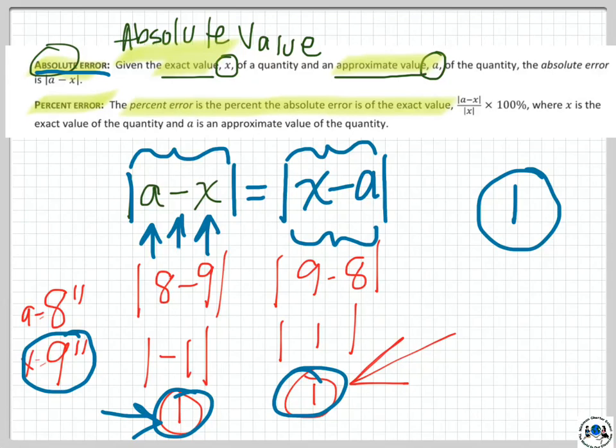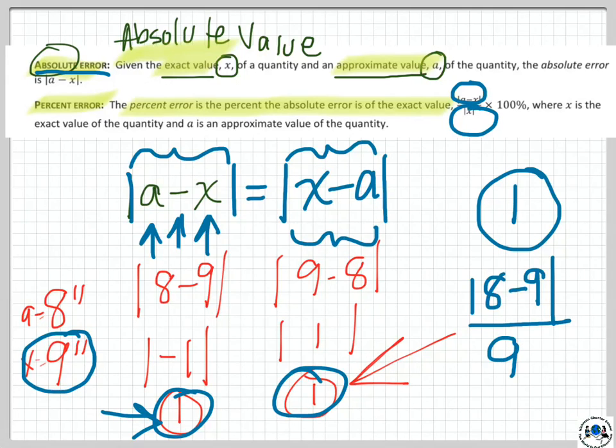Therefore, we do the absolute value of, again, 8 minus 9, and we're going to put that over the x, which is the exact value, right? All right, so that's going to be 1 over 9, or 1/9, okay?